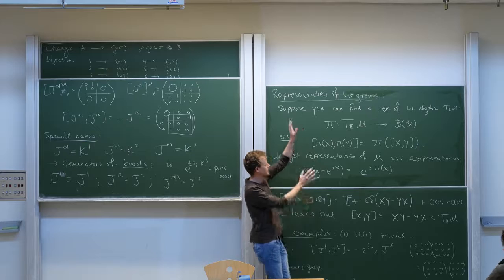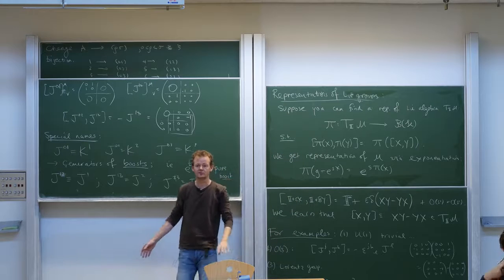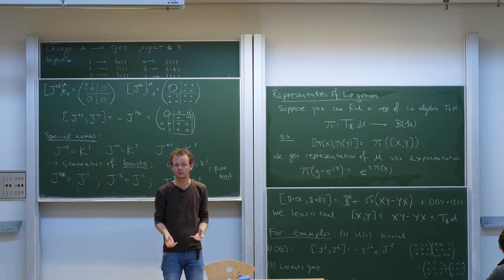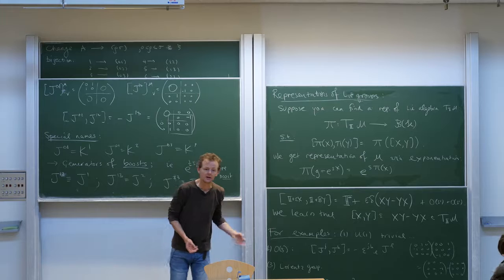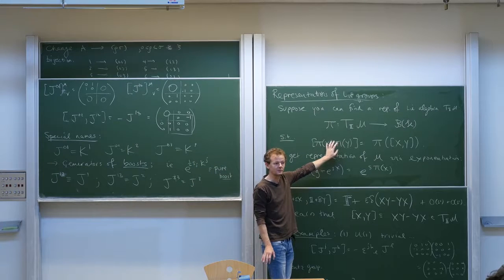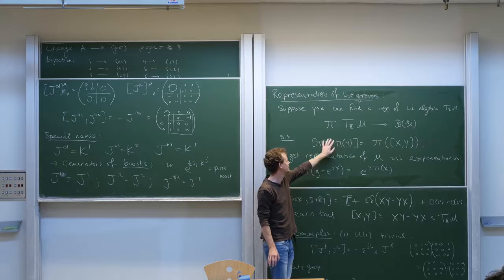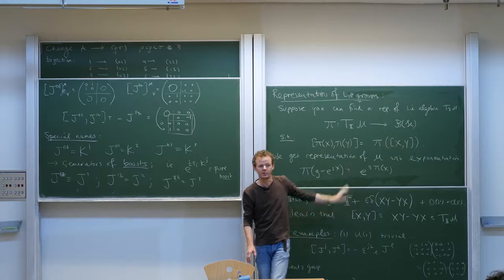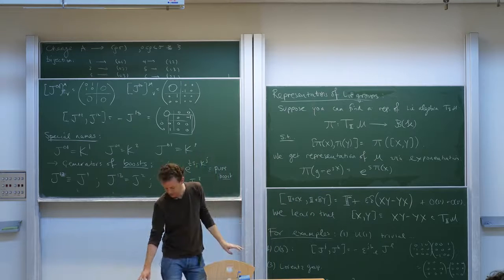So you can either study the representations of Lie groups, try and find matrices that obey the group law, or you can opt instead to focus on the Lie algebra of the group, which is a linear space, and try and find matrices that do the same thing under this bracket here. And that's often an easier job.